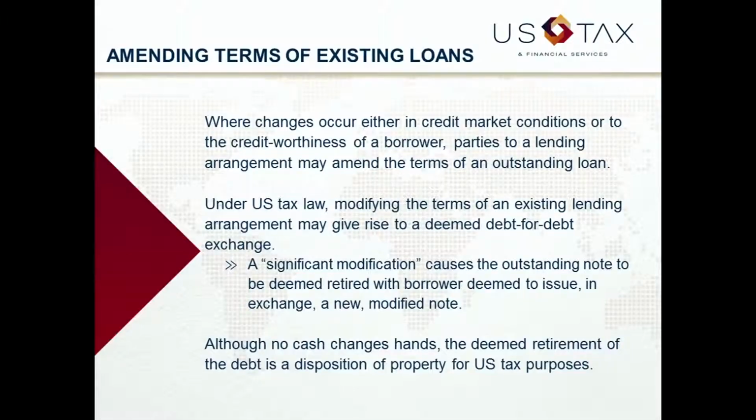Now, the reason why that's relevant is because if you were the holder of a grandfathered obligation, you would be deemed to retire the grandfathered obligation in exchange for a new obligation. And so, whereas you wouldn't be so concerned about FATCA on the grandfathered obligation, the holder would be deemed to receive a new obligation subject to FATCA.